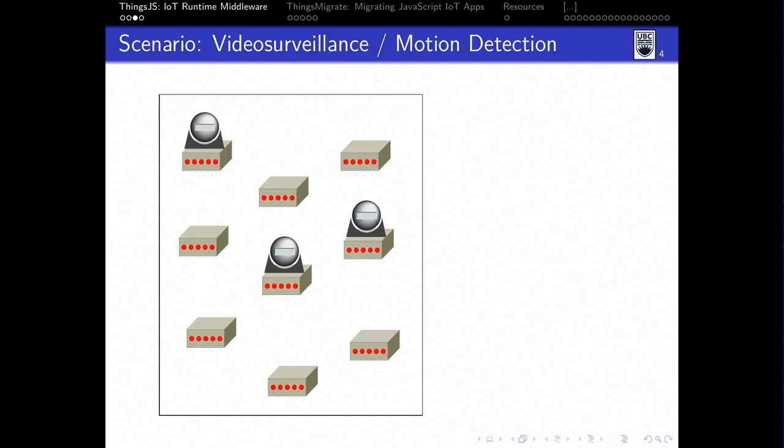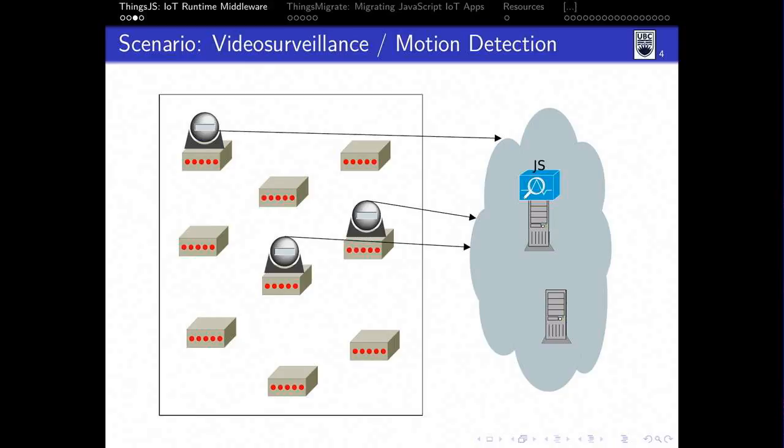So let me give you a motivational example of why we would like to do edge computing. Let's suppose we are in this Microsoft building. There's probably a set of video cameras in a few different places. Let's suppose you want to do motion detection to detect potential intrusions. Then in a classical scenario, you would have a set of cameras feeding the frames to the cloud or a cloud-like environment for central processing.